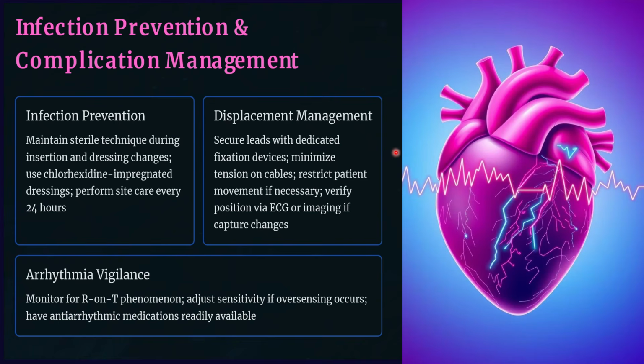Also, displacement management: we secure the lead with dedicated devices, minimize tension on cables, restrict patient movement if necessary, and verify position with ECG and imaging if capture changes. Arrhythmia vigilance means monitoring for R-on-T phenomena and adjusting the sensitivity if oversensing happens. Also, anti-arrhythmic drugs can be used if arrhythmias occur.